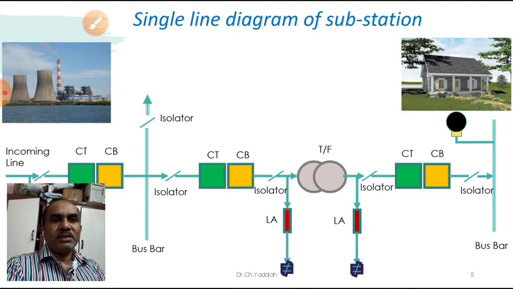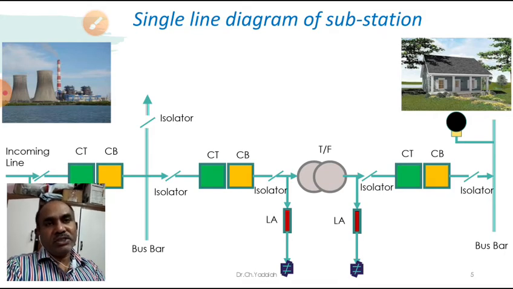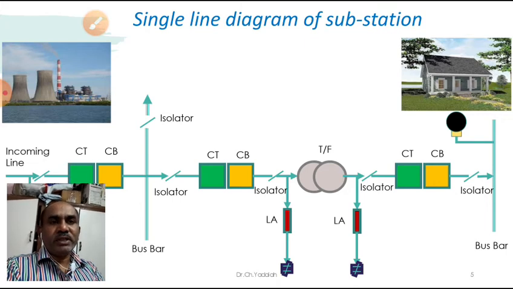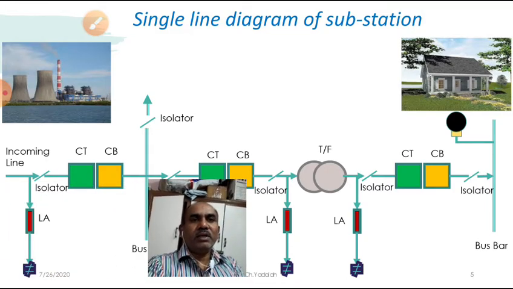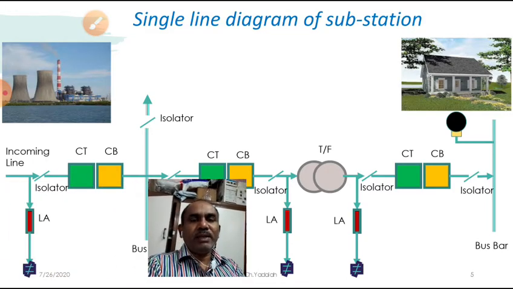During this process, the transmission line is controlled at different stages. For example, in the case of a receiving station near an urban city, here you can see a model substation where the incoming line is coming. Before the line enters, it is connected to the lightning arrestor, the protective equipment.